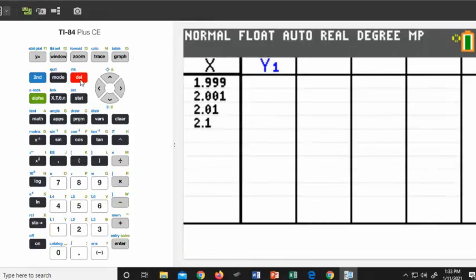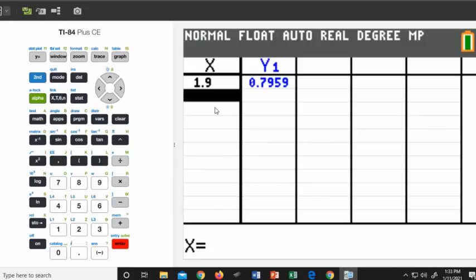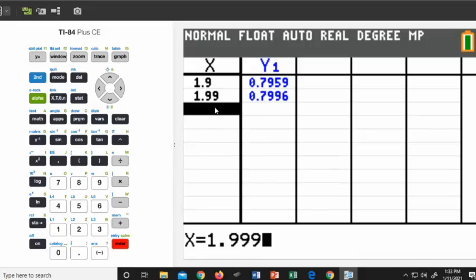And if you go to your table, I'm still going to enter these values in individually. I'm just deleting out my last ones. But if you just want to start under the other coordinates that you had, that's fine. But let's type 1.9, 1.99, 1.999.